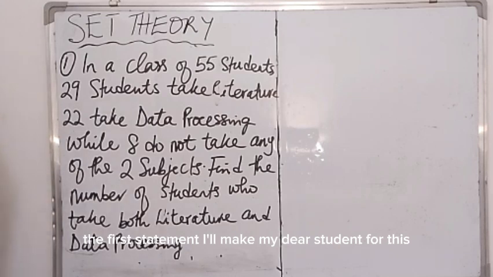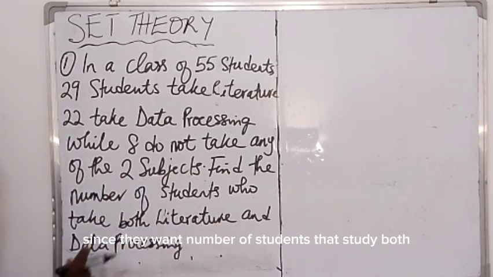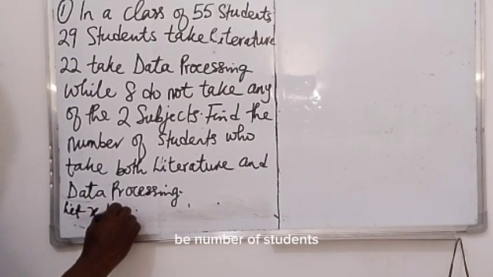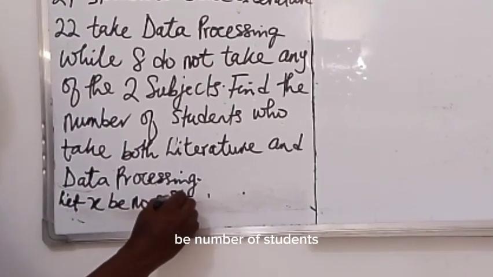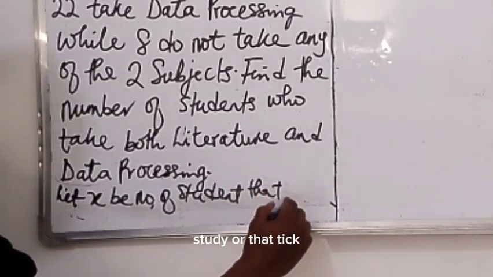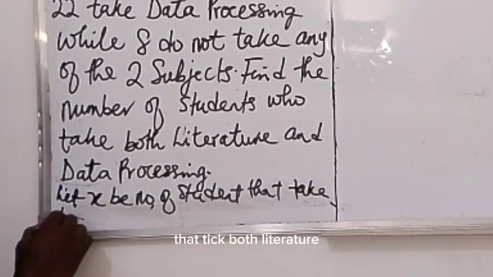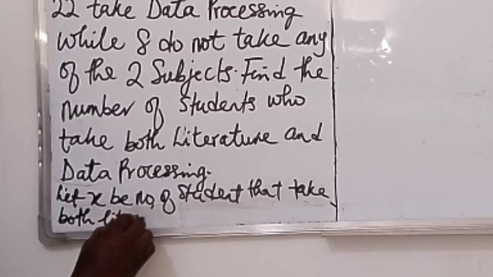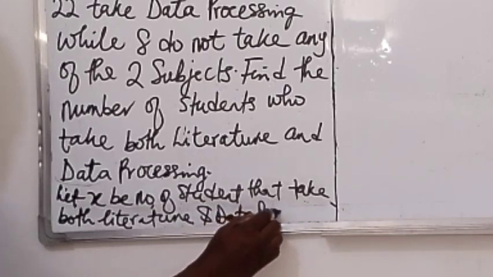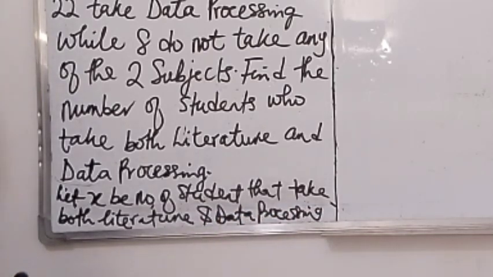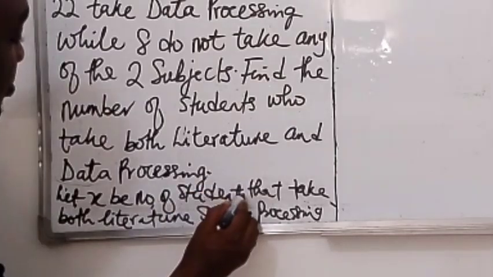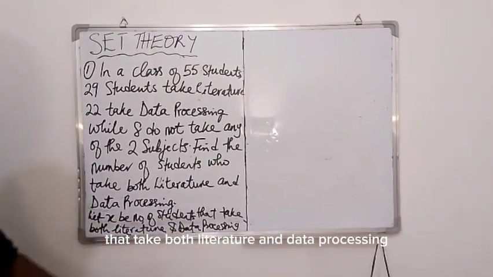The first statement I'll make, my dear student, since they want the number of students that study both, will be: let X be the number of students that take both literature and data processing. That's the language used in the book.